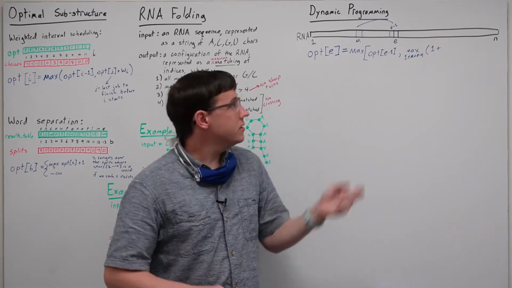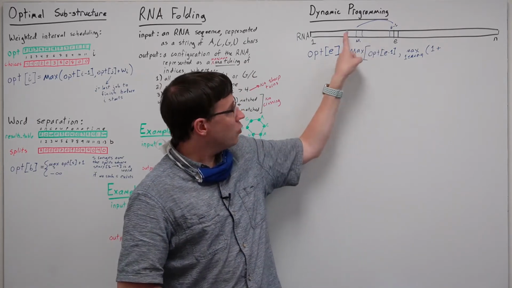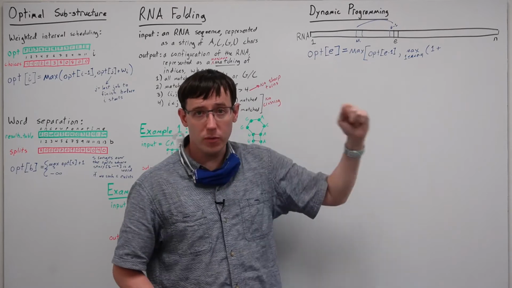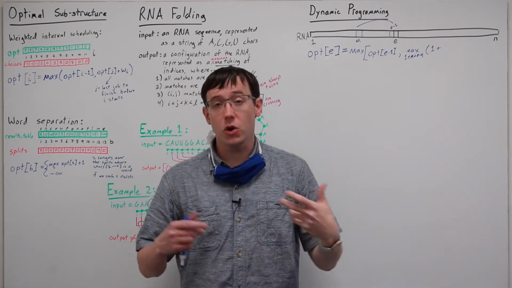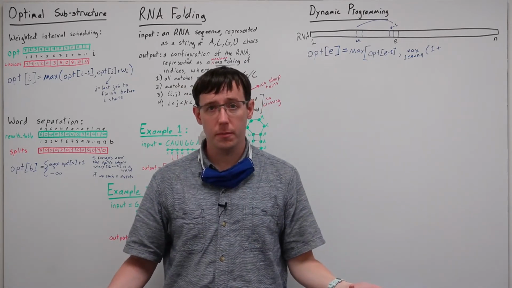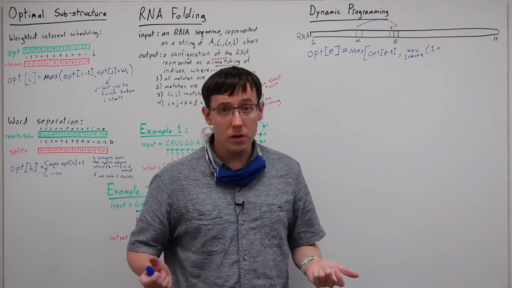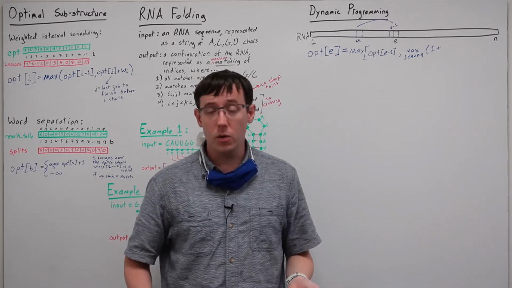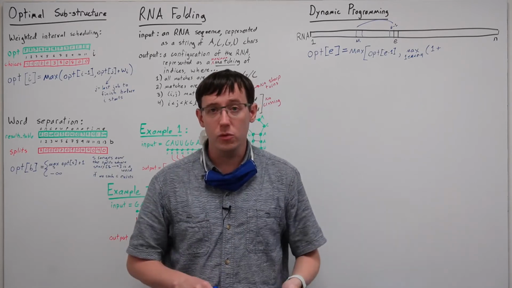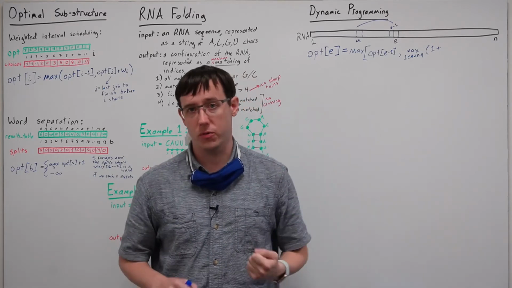So, because there cannot be any pairings between these two subregions, that means those are totally separate subproblems. And those are smaller subproblems, so hopefully we can find those values already in our opt array.